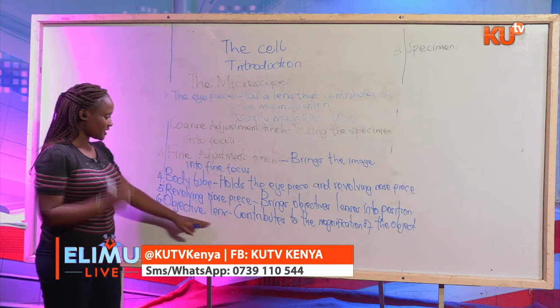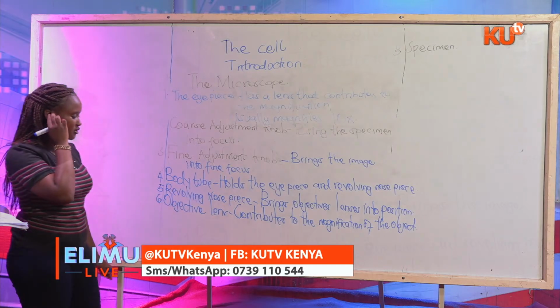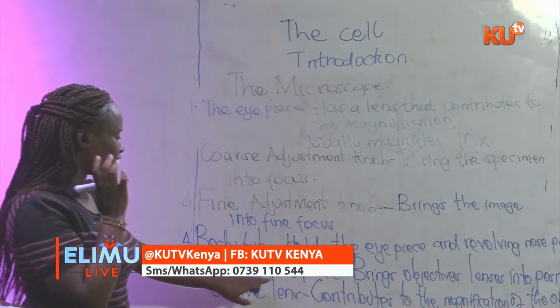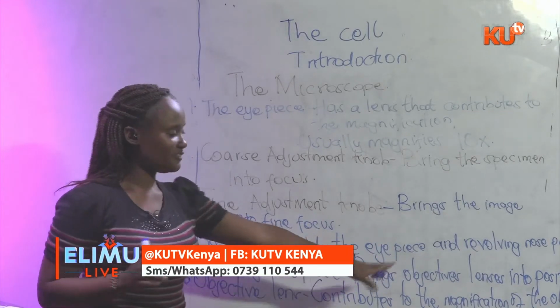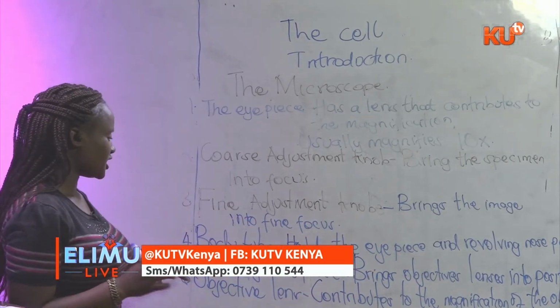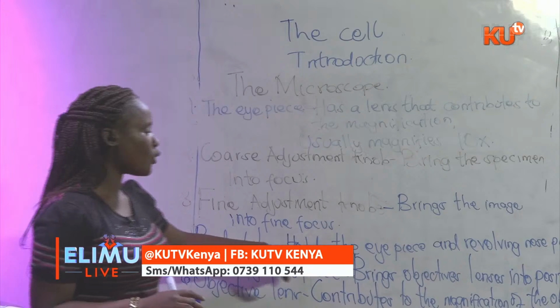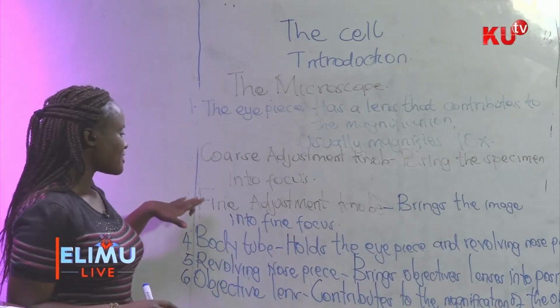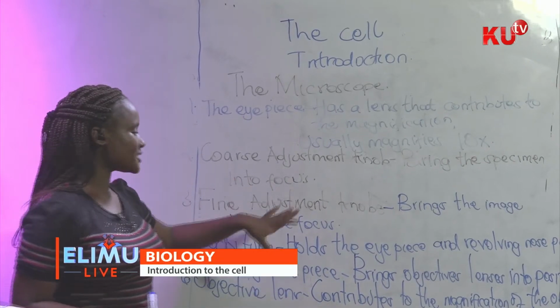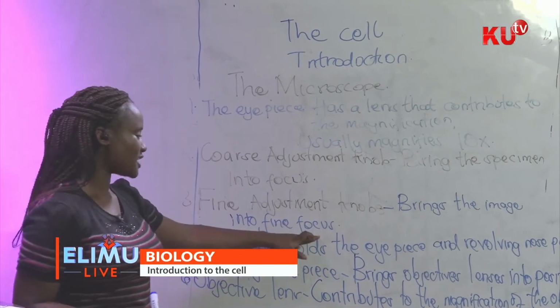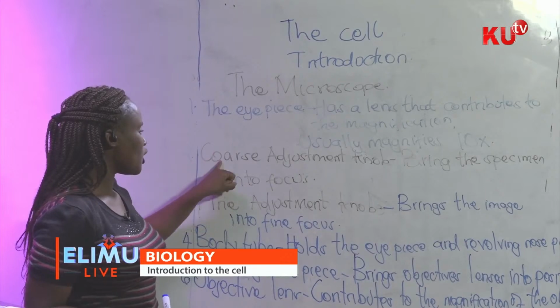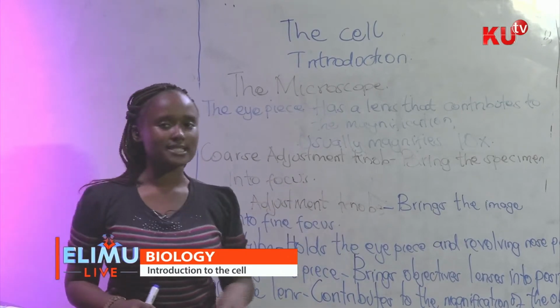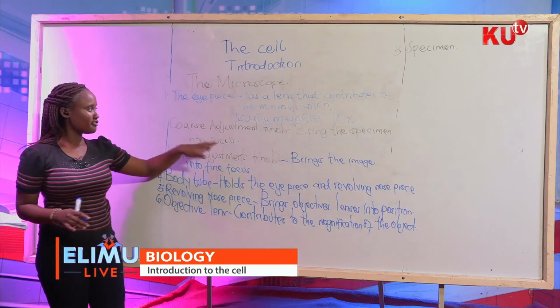So the objective lens contributes to the magnification of the object, and then the revolving nose piece brings the objective lens into position. And now we have the body tube, which holds the eyepiece and the revolving nose piece. The fine adjustment knob brings the image into fine focus, whereas the coarse adjustment knob brings the specimen into focus.